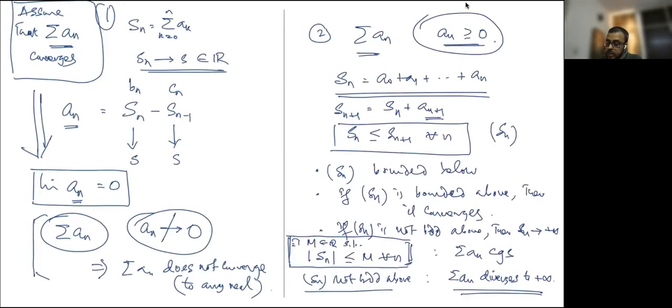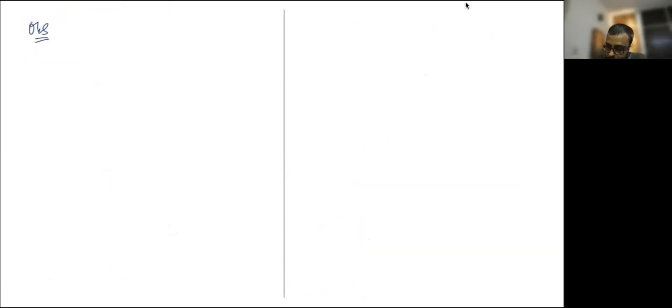And okay, so here just one remark. Just like sequences, we have seen that when you are talking about limits, limit points, all these limiting notions, the initial few terms do not matter. So here also you can check the following.